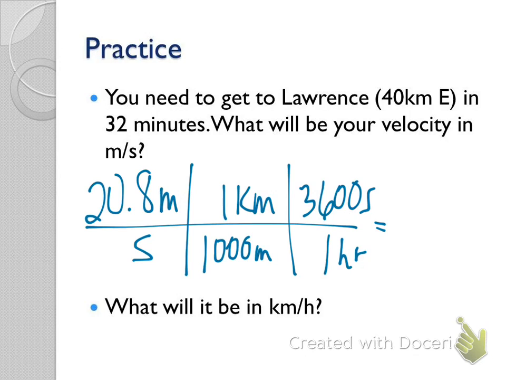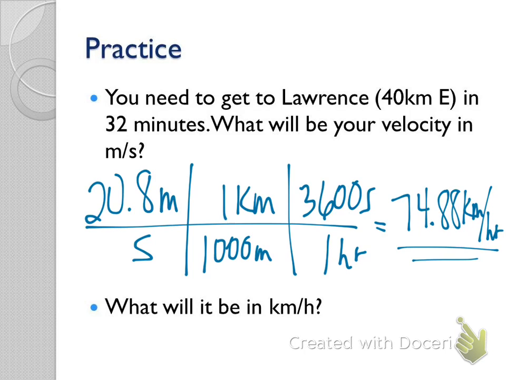You got 70? Okay. 74.88 kilometers per hour. All right, good. And we're missing one thing still? East, thank you. 74.88 kilometers per hour east.